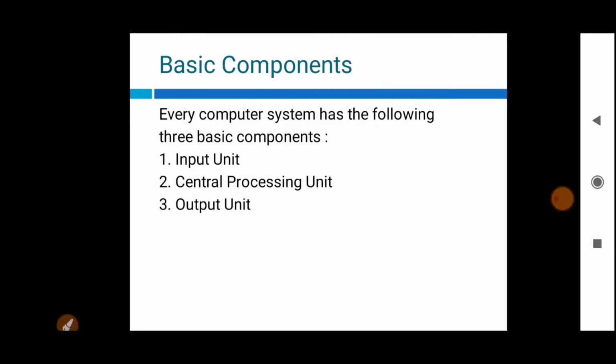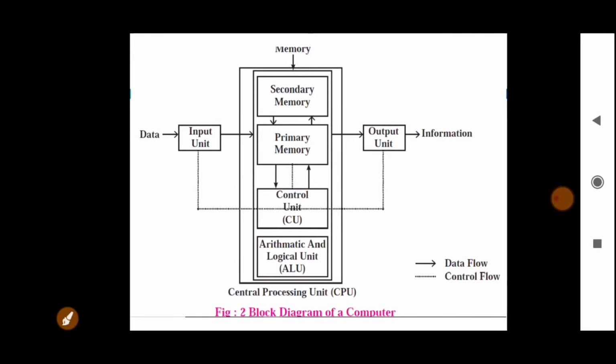Now a computer can be divided into three basic components. The first is the input unit, the CPU, the central processing unit, and the output unit. So this is the block diagram of the computer.